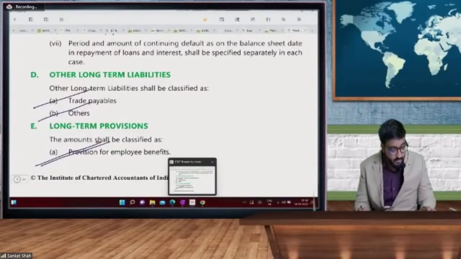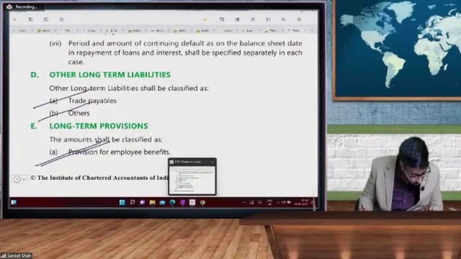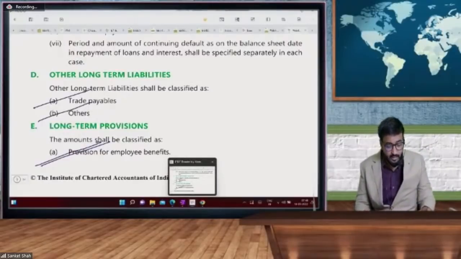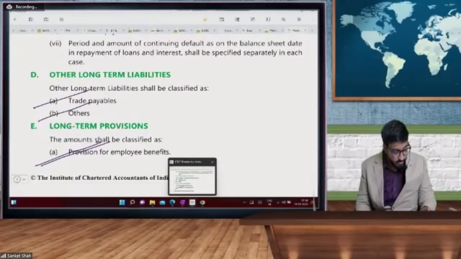What is the difference between liability and provision? Yes, tell me fast. Very good, beta.